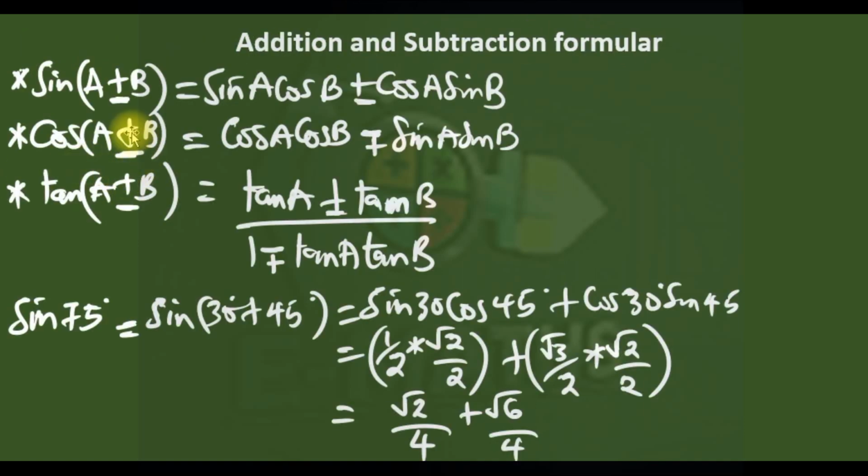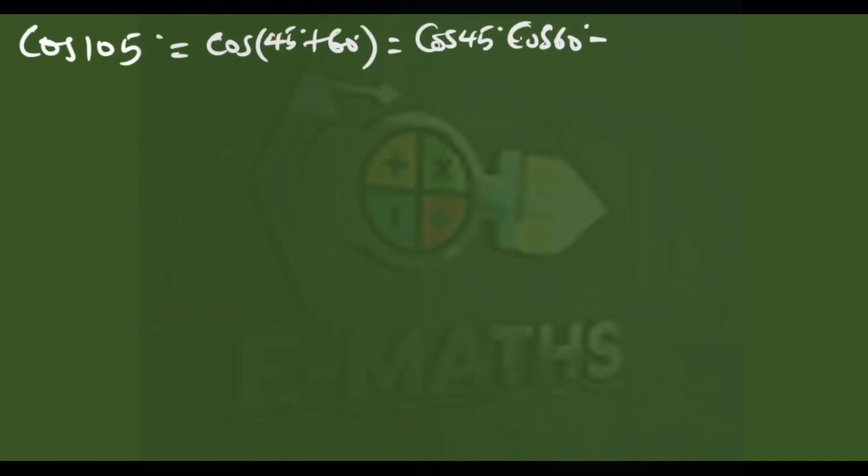Using our formula, we have cos 45 cos 60. Remember, I told you if it's positive, you use negative. So I will use negative here: negative sine 45 sine 60.